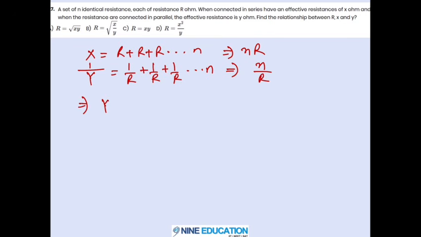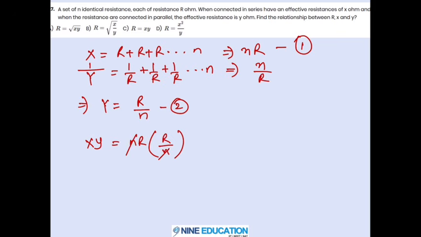This implies Y is equal to R by n. Now just multiply these two equations. XY is equal to nR into R by n. n cancels.